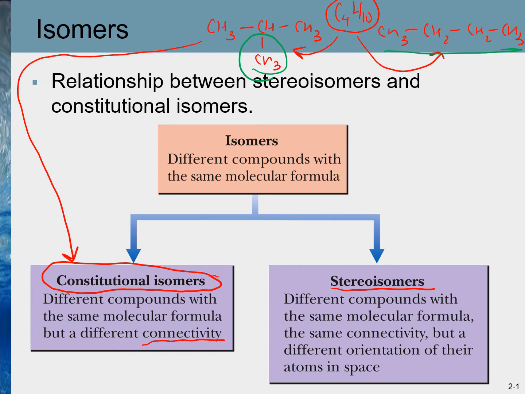Only thing different is the orientation of their atoms in space. So we can define stereoisomers as those compounds which have same molecular formula, same connectivity, but different orientation of their atoms in space.